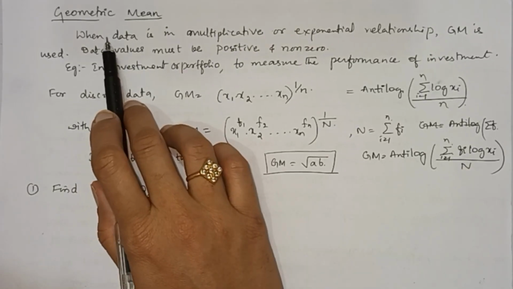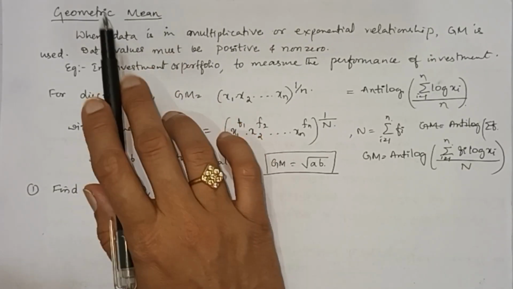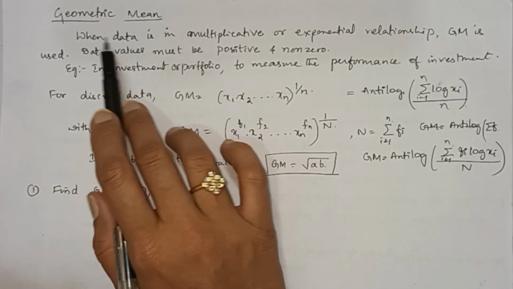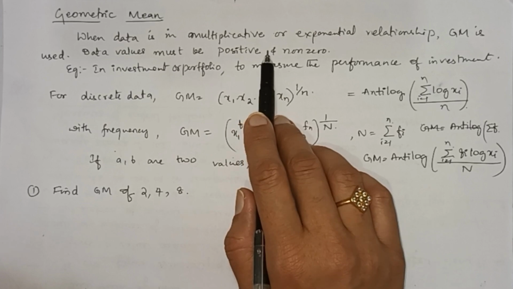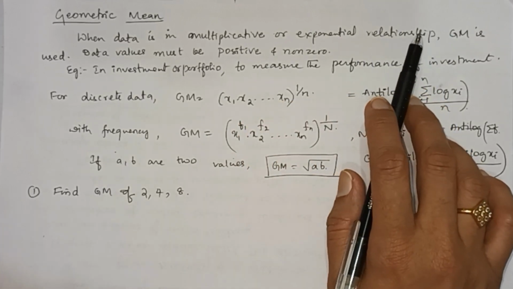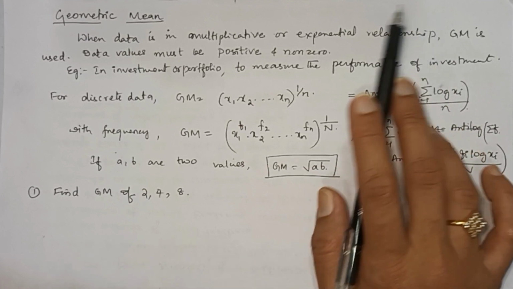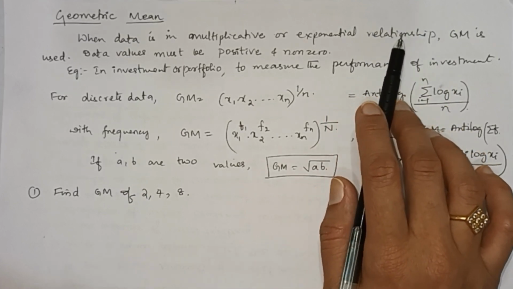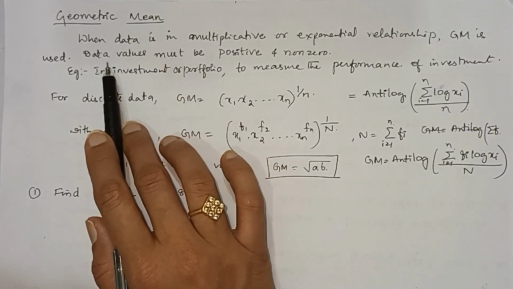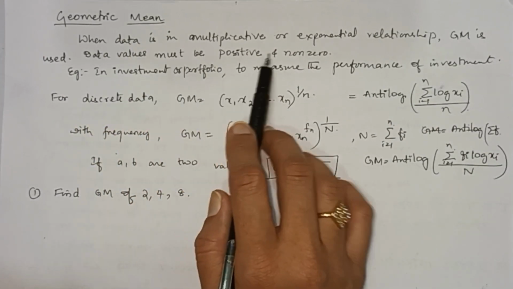Another measure of central tendency, another type of mean, is the geometric mean. This mean is used when data is in a multiplicative or exponential relationship. In most cases we use the arithmetic mean. Geometric mean and harmonic mean are less used because for the geometric mean, data values must be positive and non-zero.